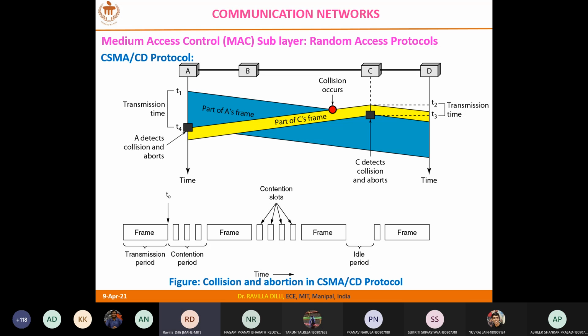That is called contention period, and the waiting state will be defined in contention slots. So either the channel is carrying the frames, or it is in the waiting state, or the channel is idle. These are the three possibilities.